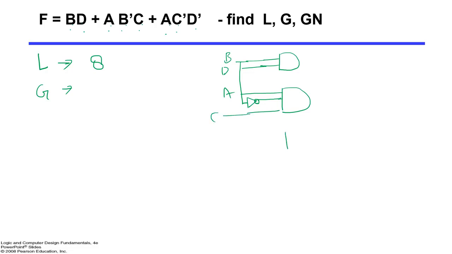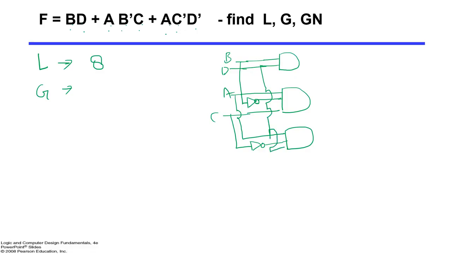Now we have a third AND gate where A is an input. Then we have C complement as input, so let me take a NOT gate here, and we require D complement as well.